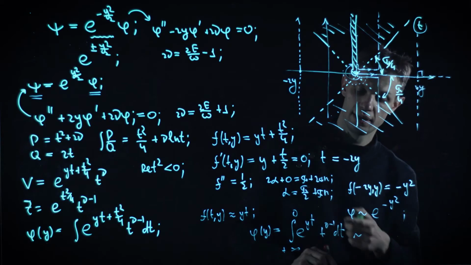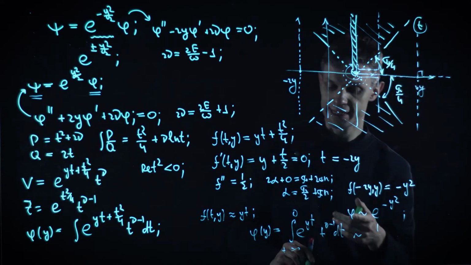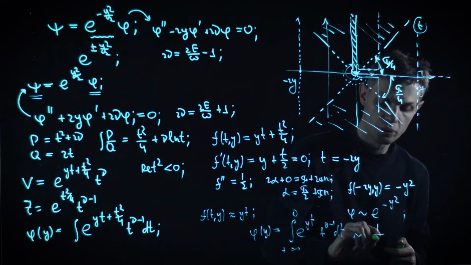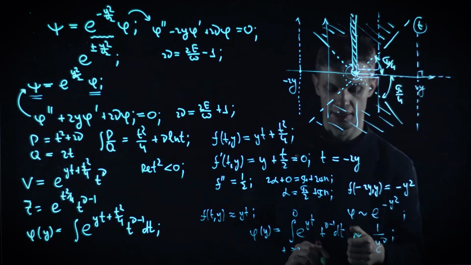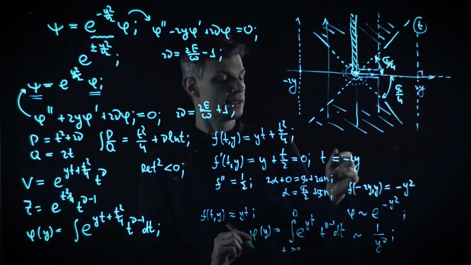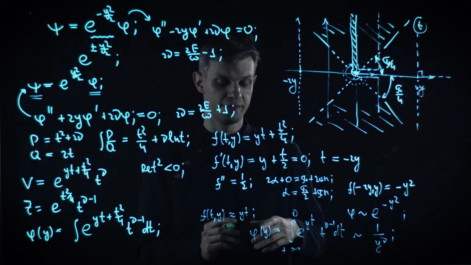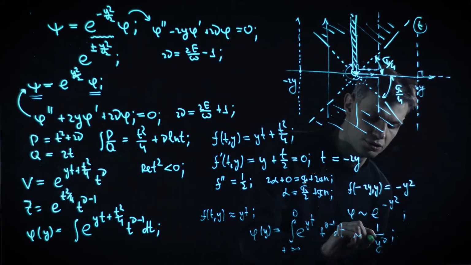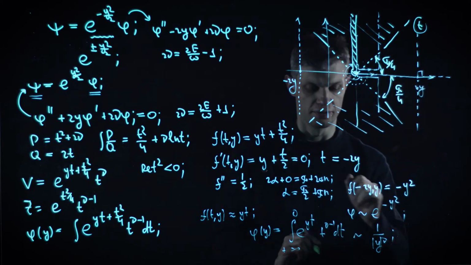Anyway, as you remember, that kind of gamma type function integral always gives you 1 over y to the power nu at large values of y. So there is no exponential suppression of our phi function at large negative values of y. So it should be modulus of y, of course.